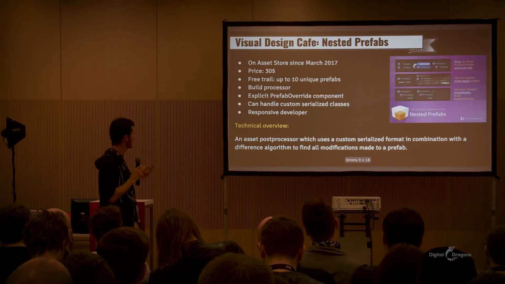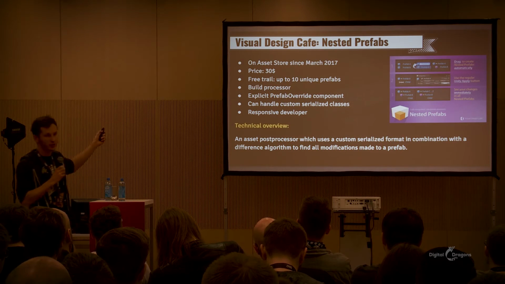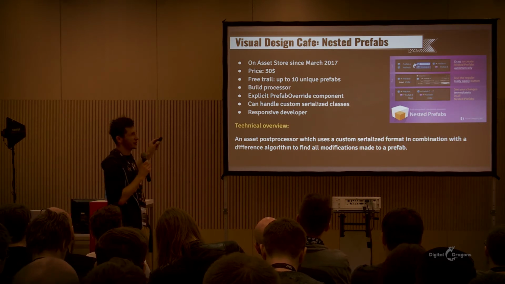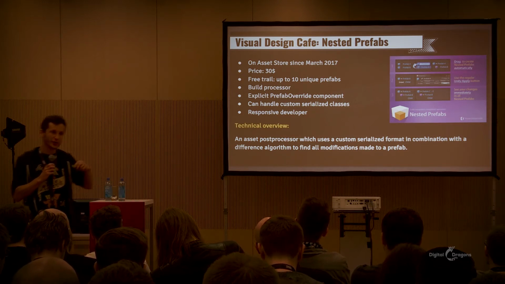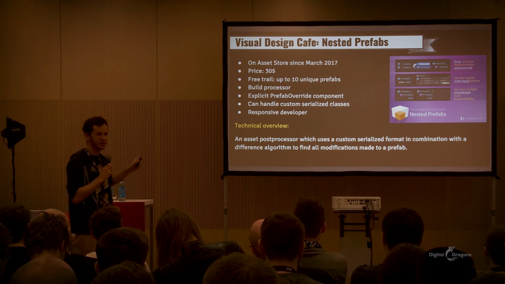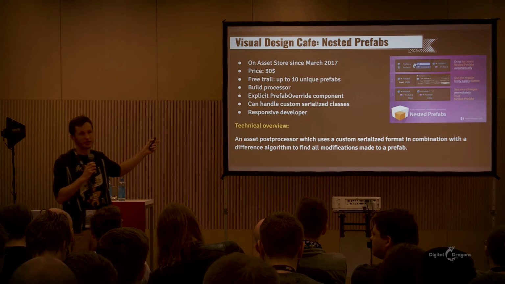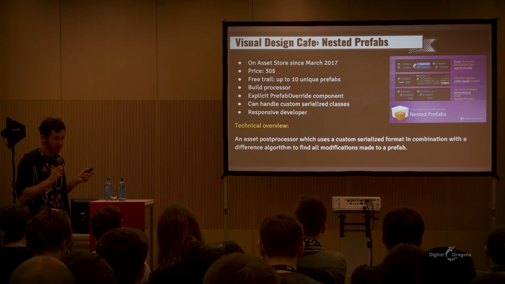Okay, and the other plugin, Visual Nested Prefabs from Visual Design Cafe, has been on the Asset Store only since March 2017. For our new game, I did my research in November, December, I think, and this plugin wasn't there at the time. If it was, I think I would really consider using it because it looks really good.